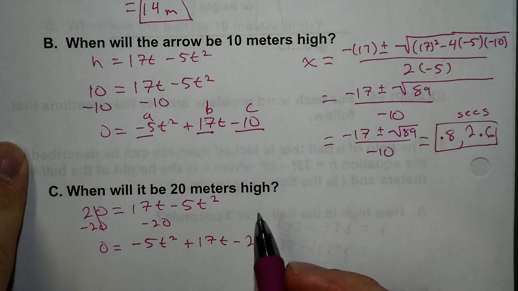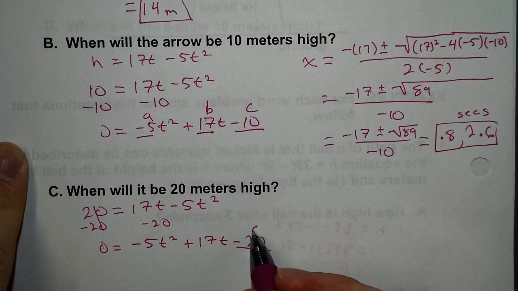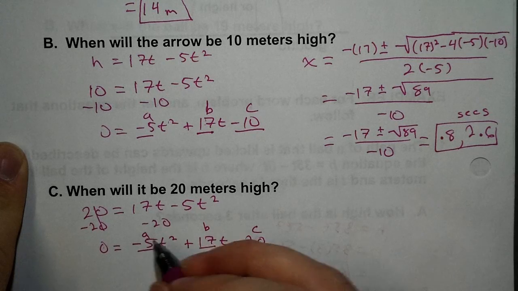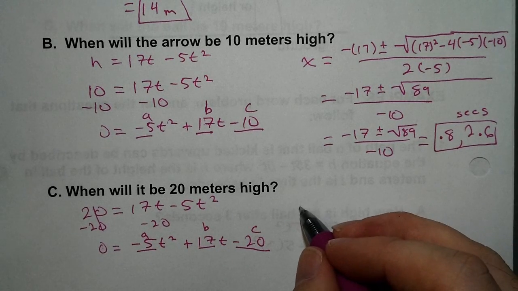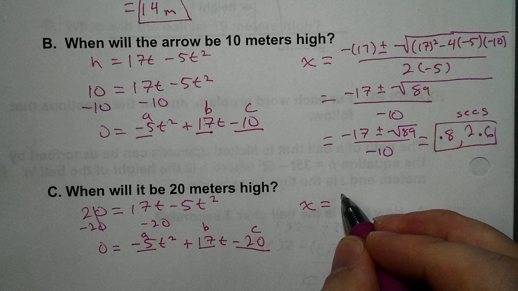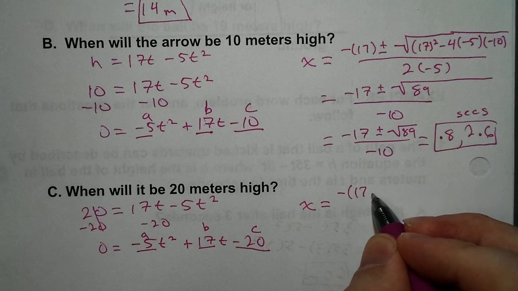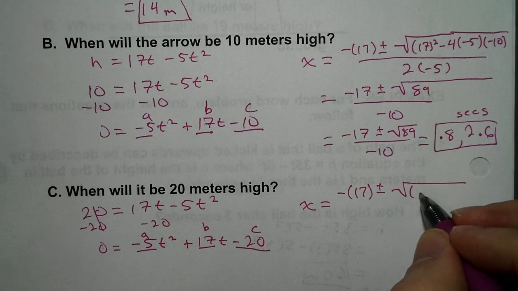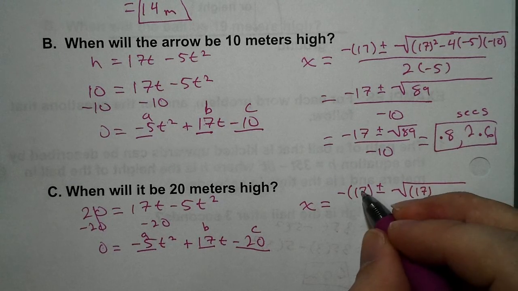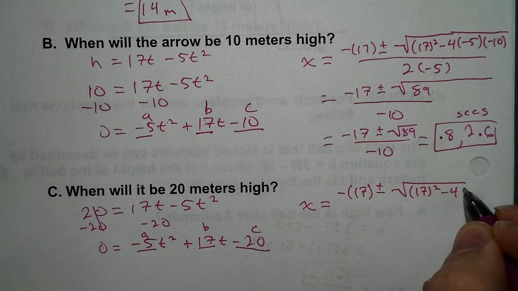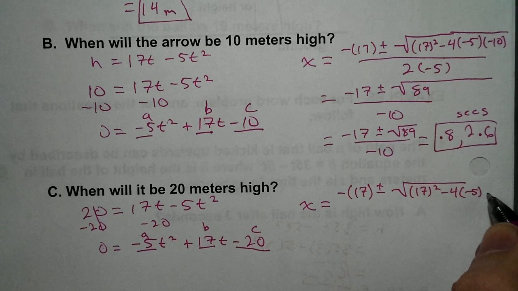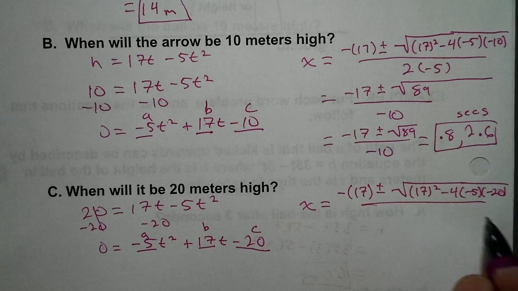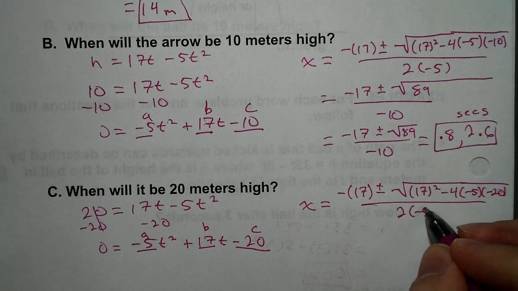Really, the only difference is our c is now changing to negative 20 instead of negative 10. Our a and our b are the same. So, using our formula, x equals negative of 17 plus or minus the square root of 17 squared minus 4 times a, which is negative 5, times c, which this time is negative 20. And all that is over 2 times a, which is negative 5.